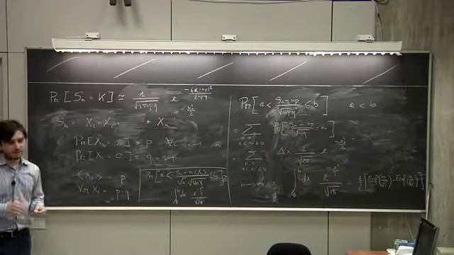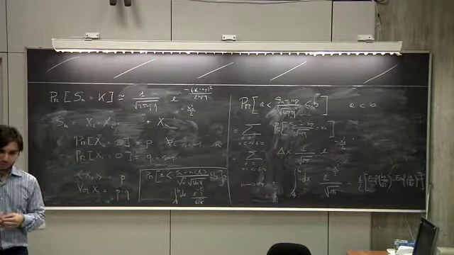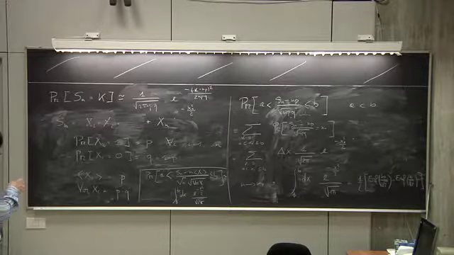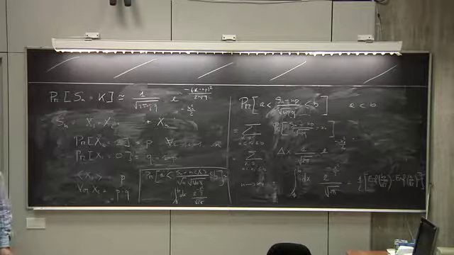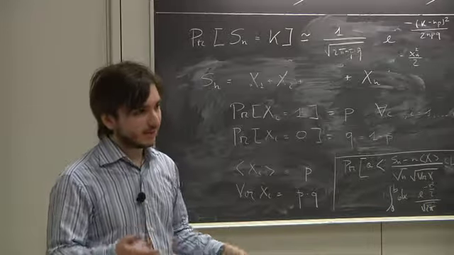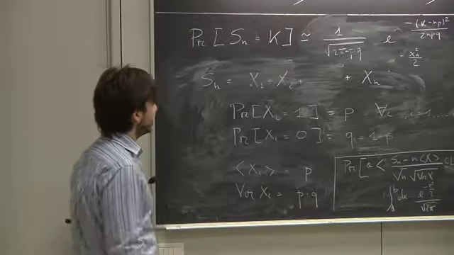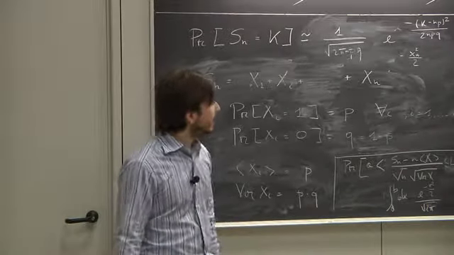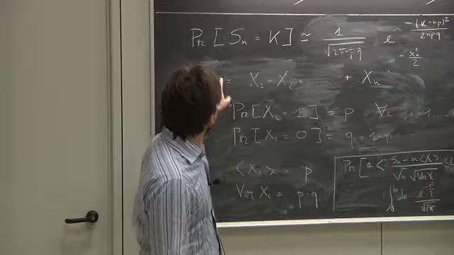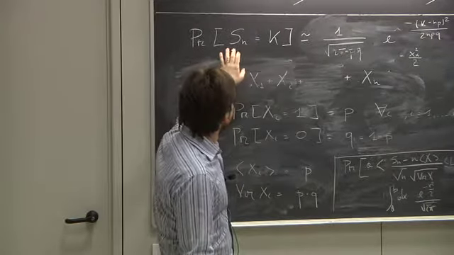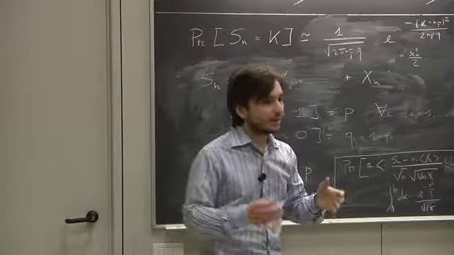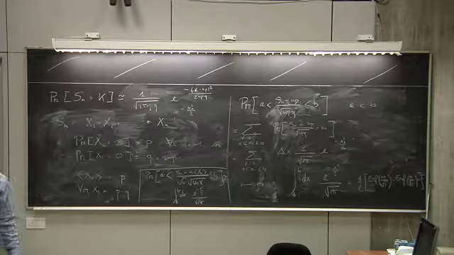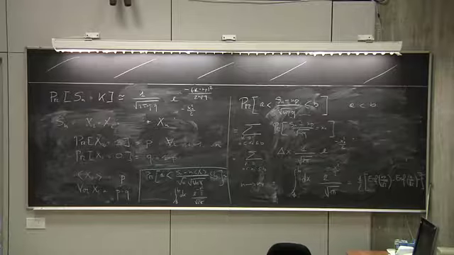Okay, quick recap. We started from the binomial distribution, which tells you the probability of having k successes out of n trials. Of course, the trials need to be identically distributed and independent, like this. We've approximated the probability that Sn is exactly equal to k with this expression. And this is the local theorem, the Moivre-Laplace theorem, I think.